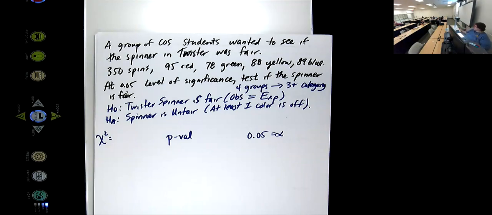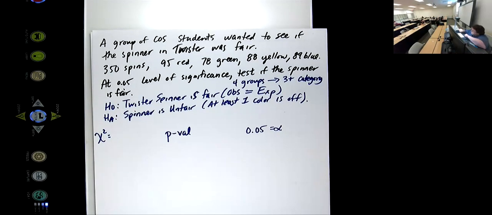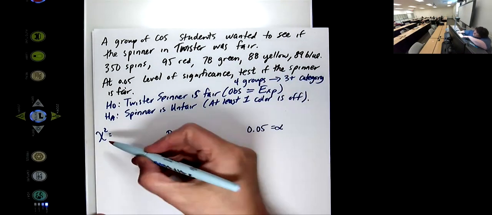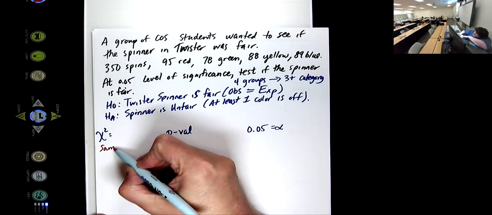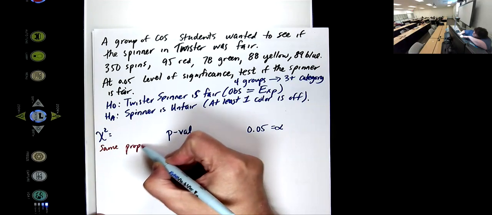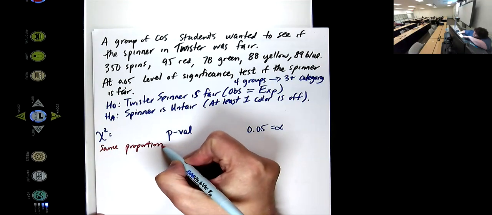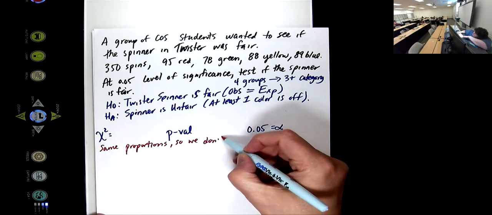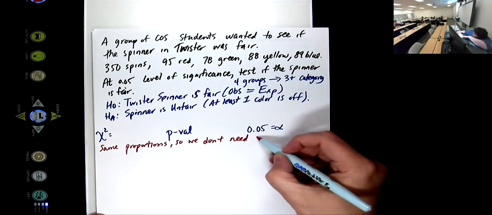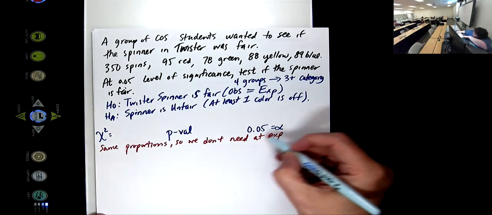We can just tell StatCrunch to do that for us. So that's worth noting here. Same proportions. So we don't need an expected value column.